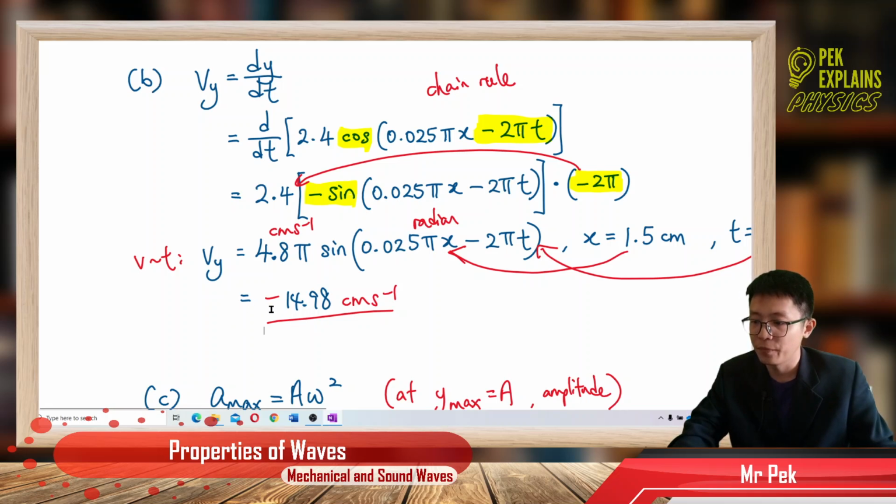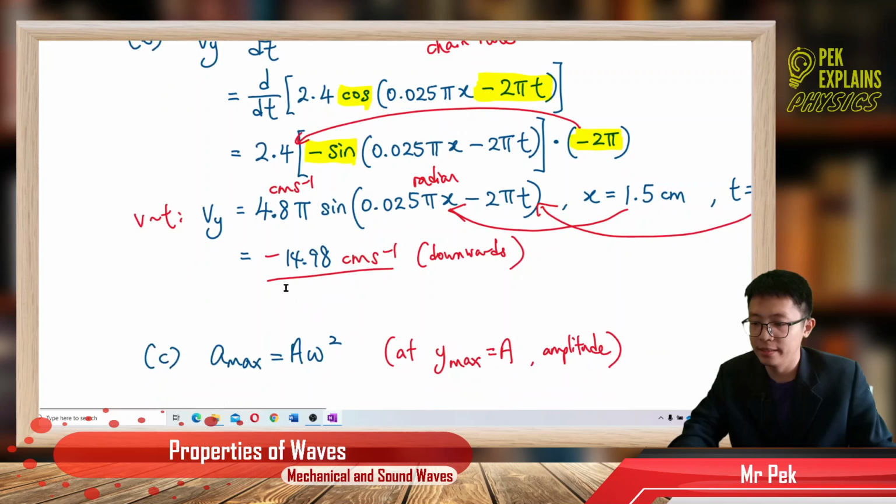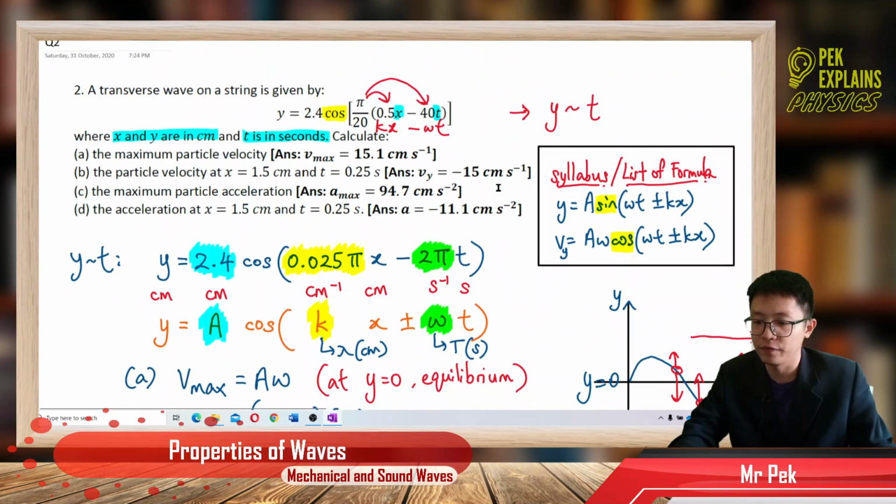Be careful. Negative means it's going downwards. That's the direction, so that's the particle velocity for this particle at this time. Yeah, negative 15.